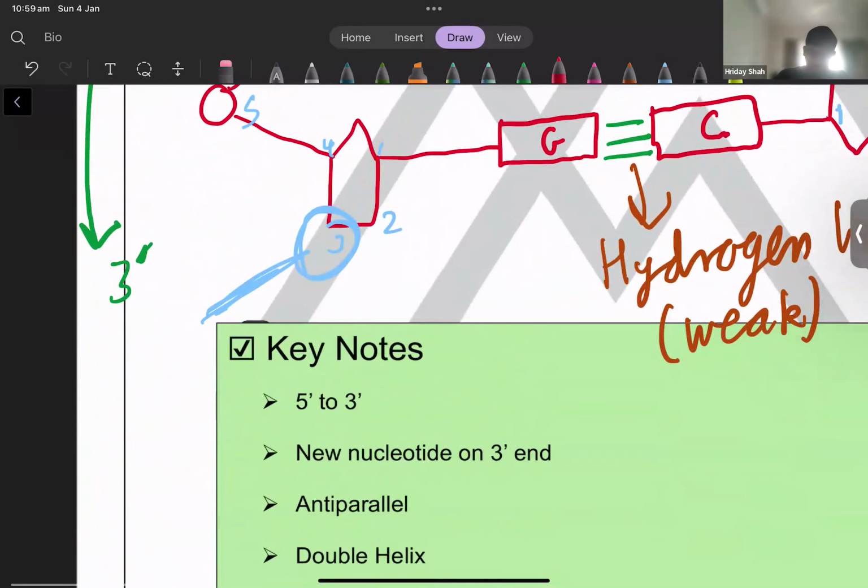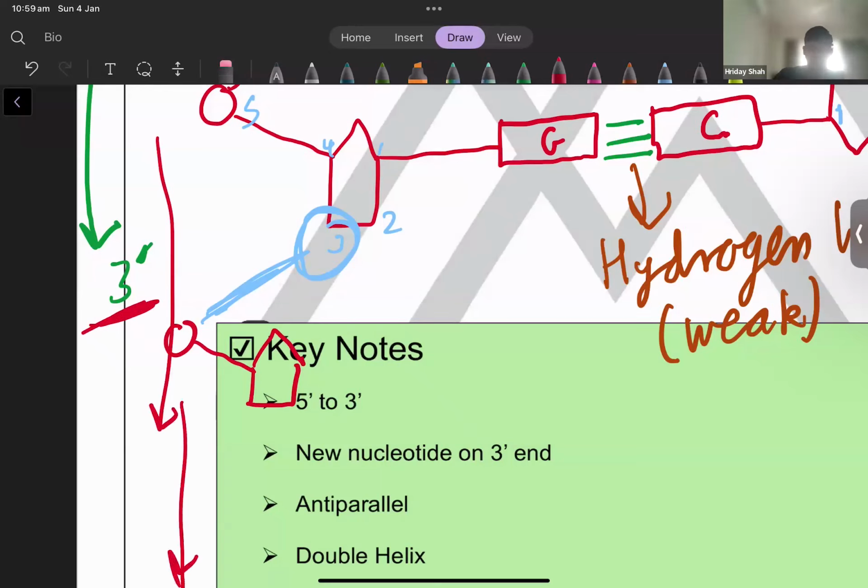I have to draw a nucleotide at the bottom here, because the new nucleotides will always be added on the 3' end. Right, this is where you're reading downwards. This is where you can extend the downward line. So you read it from 5' to 3', and if you're going to extend it, you extend it on the 3' side.